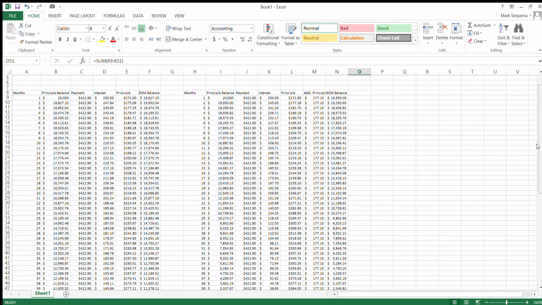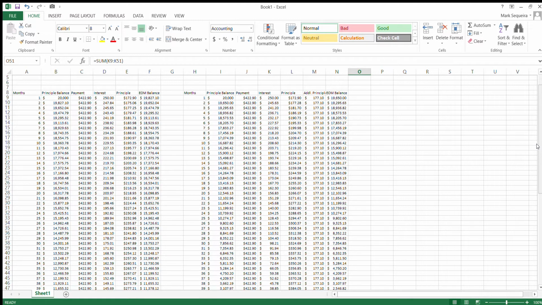But if you pay a little differently, then that changes how the interest accumulates. Now this works against you too if you pay late. If you pay late every month, then you give more time for interest to accumulate on your principal balance, and you will end up paying a little more than you should.